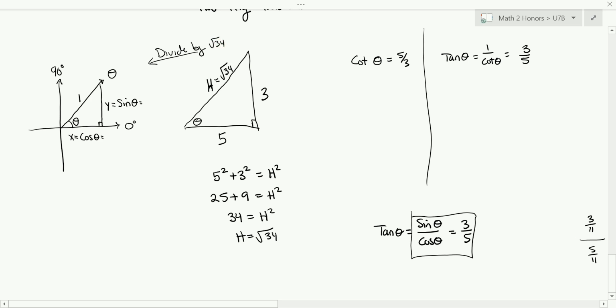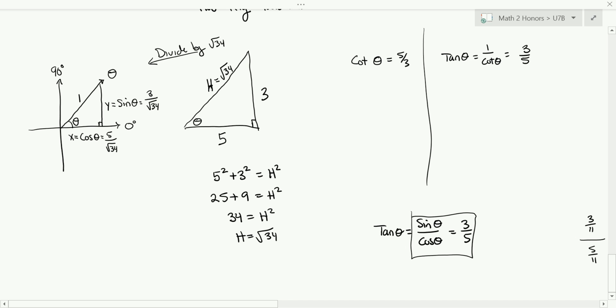Why do we know that? We know the hypotenuse, so we can compare the hypotenuse, right? Divide by root 34 to get your 1. So we're going to divide the 3 and the 5 also by root 34, and then we get our sine and cosine. So sine is going to be 3 divided by root 34, and cosine is 5 divided by root 34.